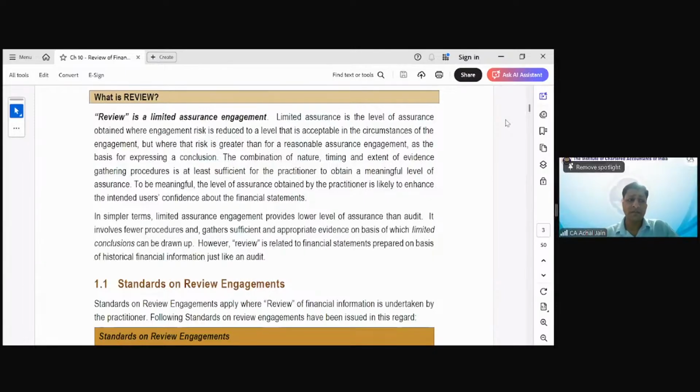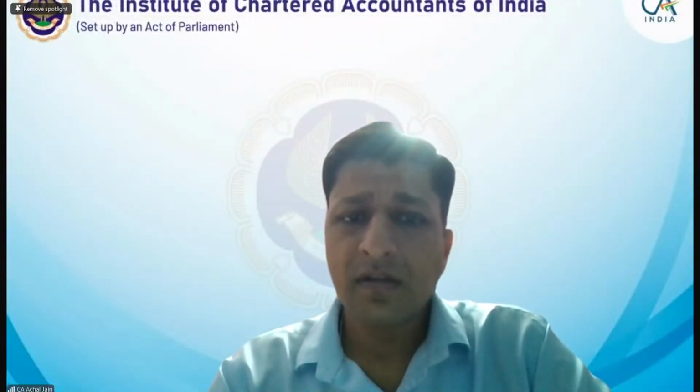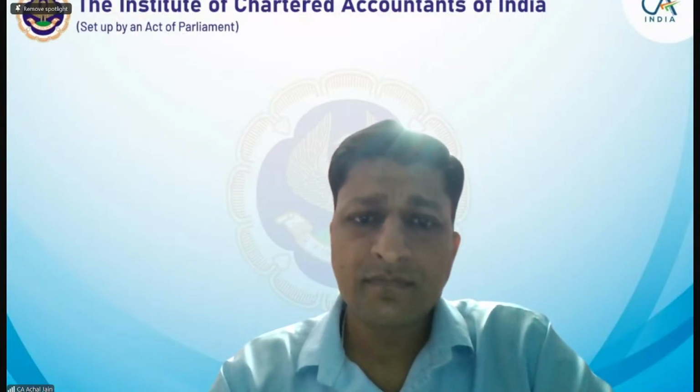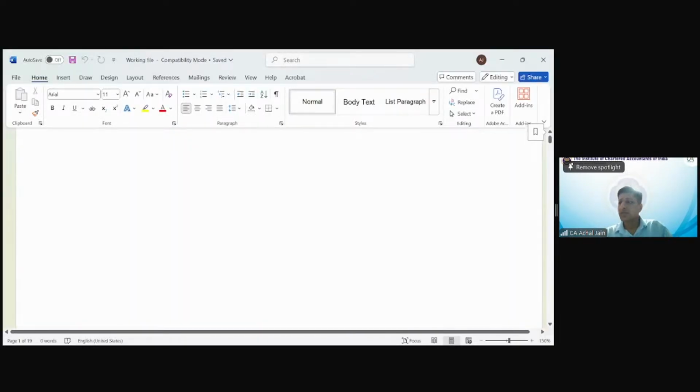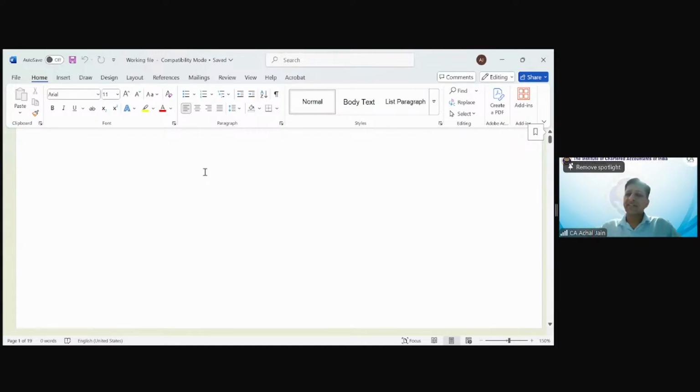What will be cut down? So that is what we have to understand now: what is going to be reduced, what is not required to be done. So let's look at one example. So this is what we have in case of audit, let's say.